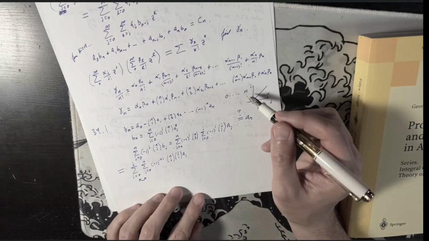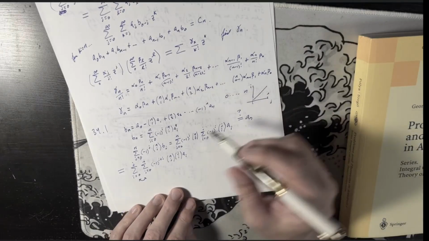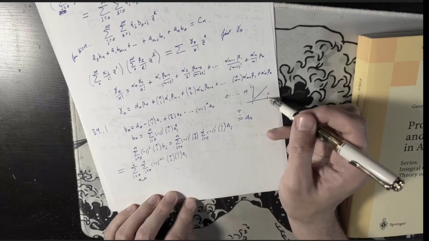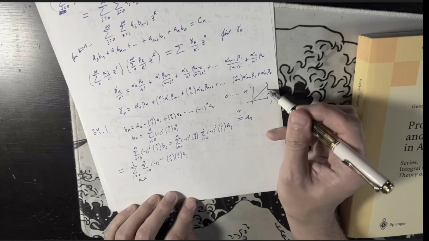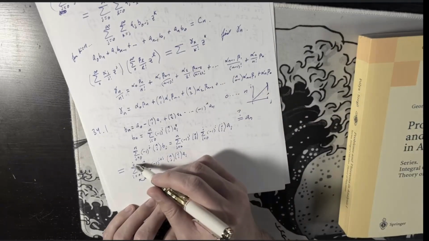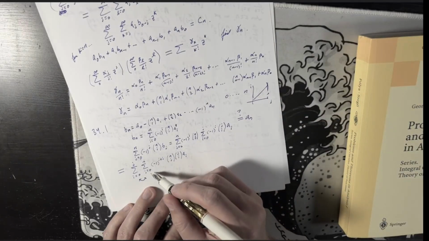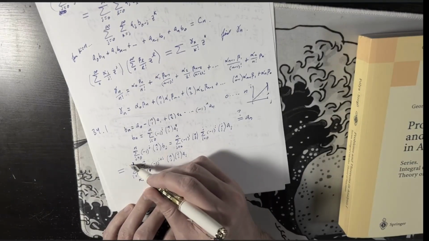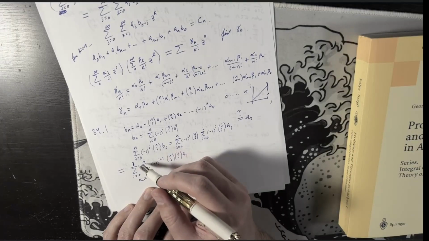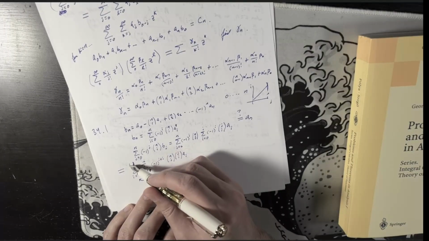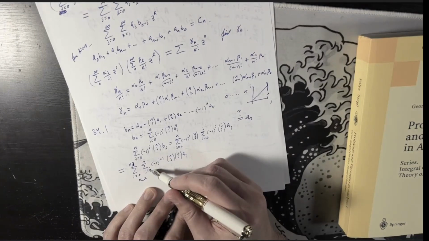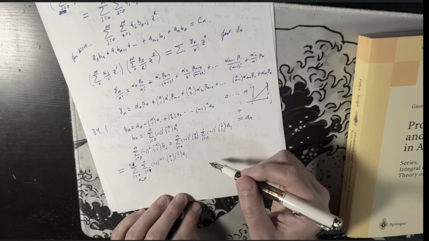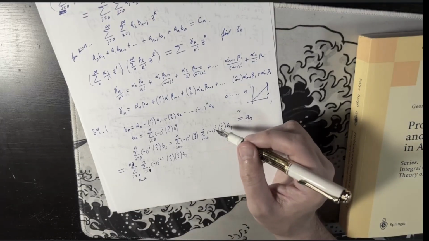Same thing. j is also bounded by n. So i goes from 0 to n, and j goes from i to n. It should be the same series.